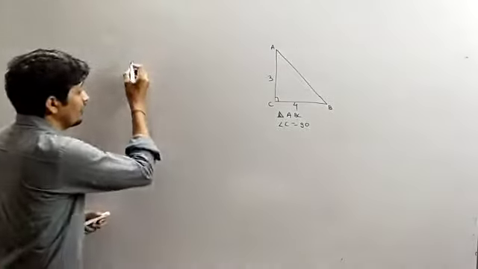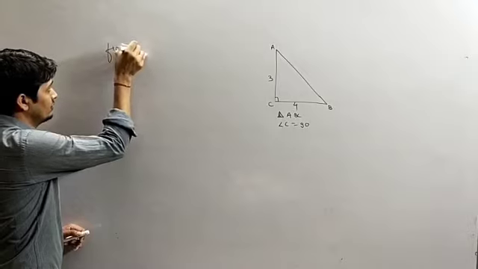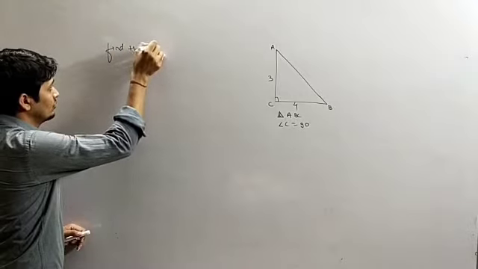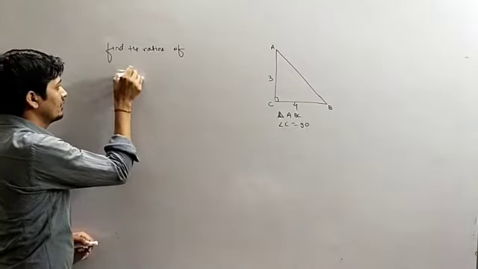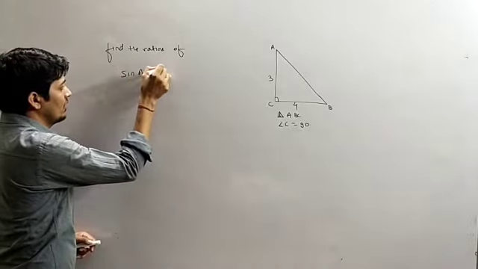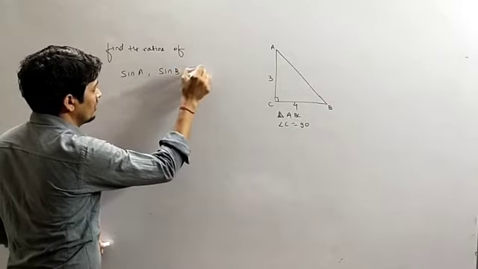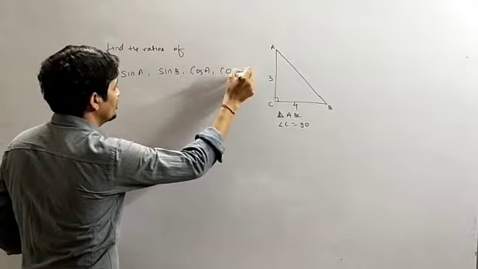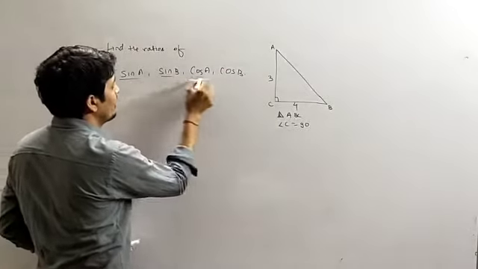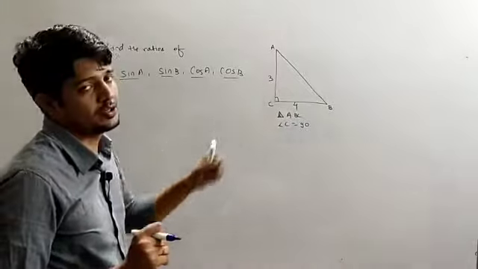The question says find the ratios of sin A, sin B, cos A and cos B. All these four ratios we have to calculate by using this information.